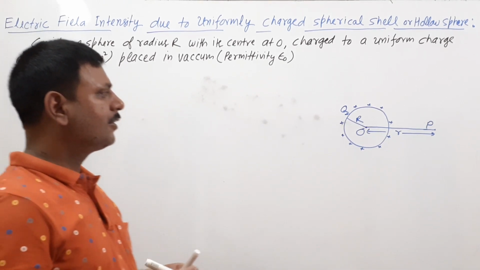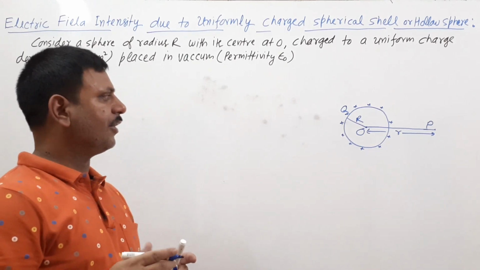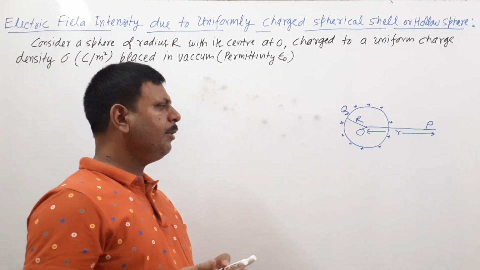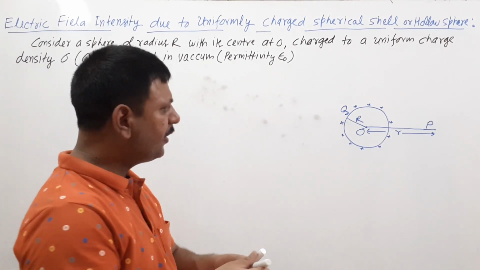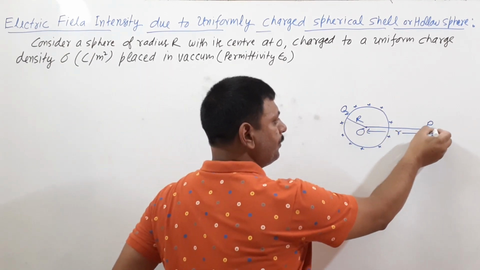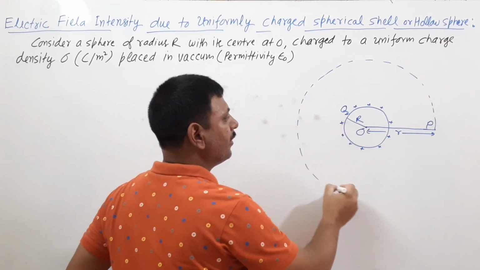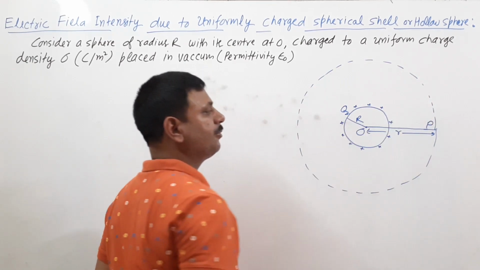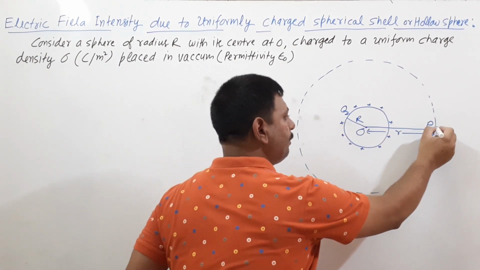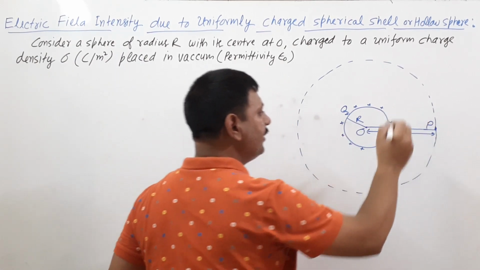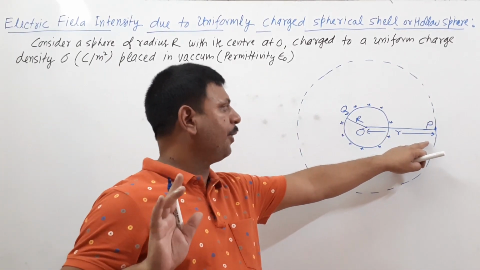See here, firstly we have to think about a closed surface. What will be the closed surface? Gaussian surface. Consider a sphere. We have drawn a sphere of radius small r, taking O as the center. This point P lies on the surface of the closed sphere.